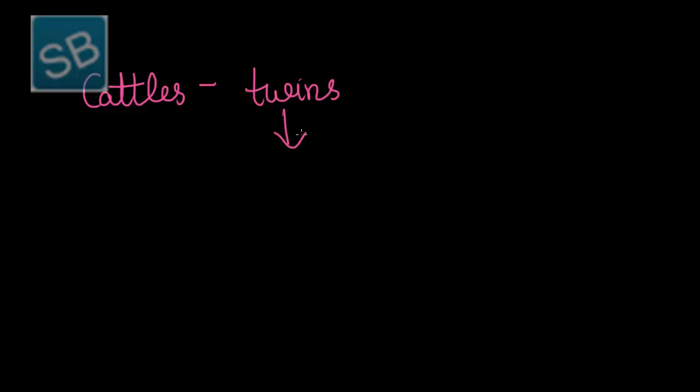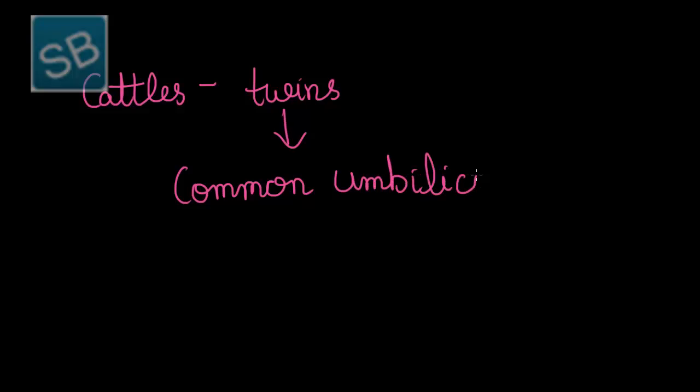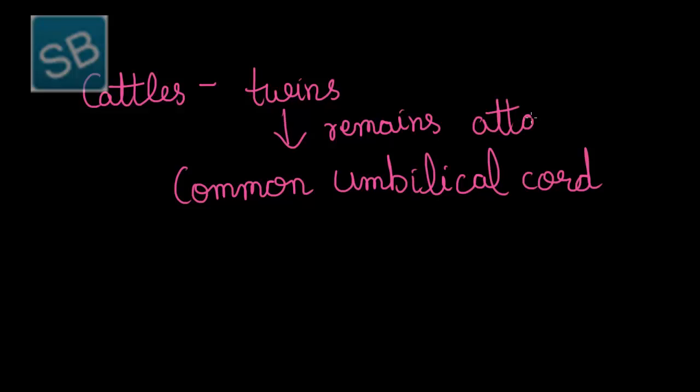So, during this development, both the twins are connected by a common umbilical cord. That is, these twins remain attached by a common umbilical cord.